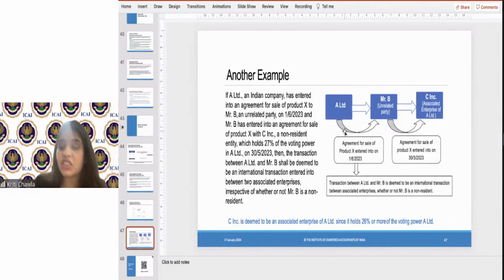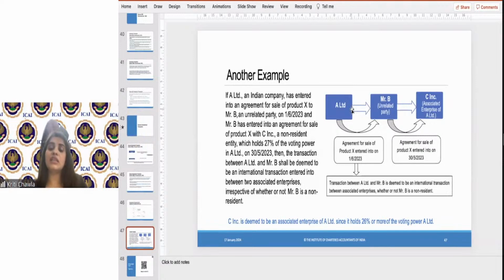So in this particular situation, they are trying to say that this will be a deemed international transaction between A and B, because I do understand that they are not related to each other. But do you see that A is actually related to C and B is actually selling to C? So they are doing this particular transaction between A and B because they want to circumvent the law.